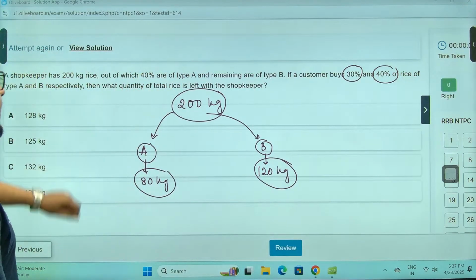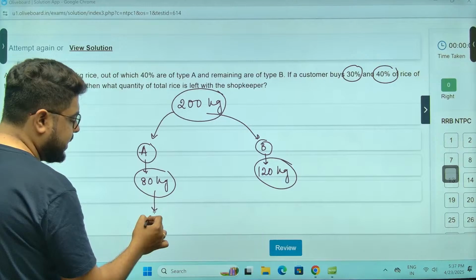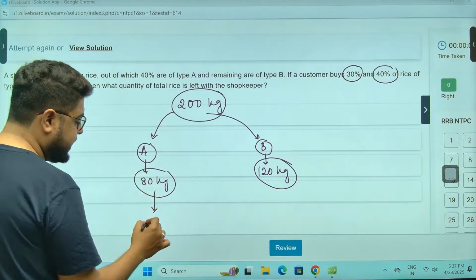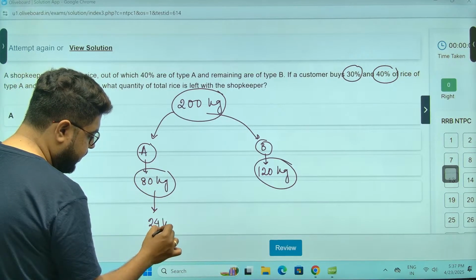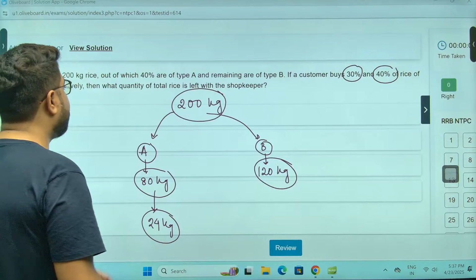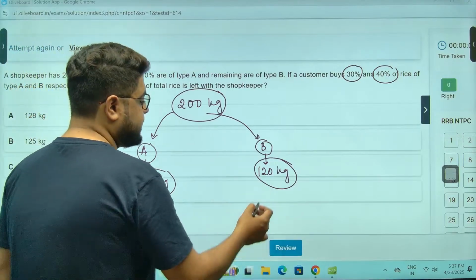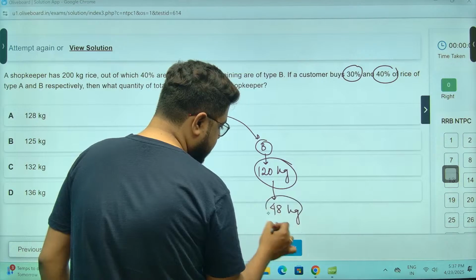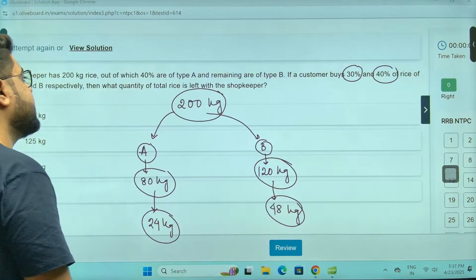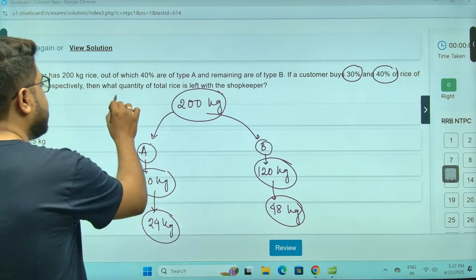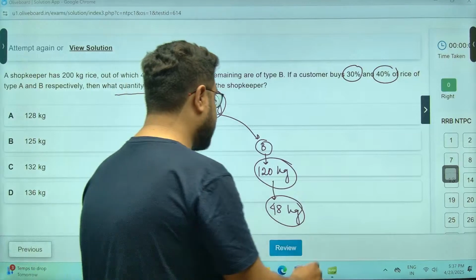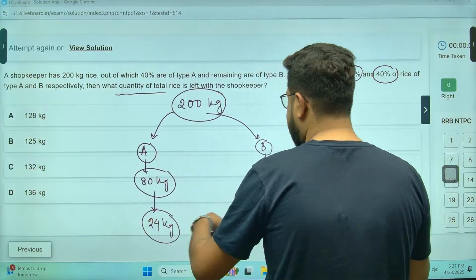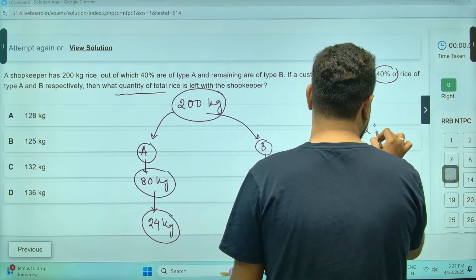30% of type A rice, 30% gone. Means, sir, how much he has bought? 3 8s are 24 kg. And 40% of this, 4 12s are 48. This much he has bought. What is the total quantity of rice left? How much has he bought? 48 and 24, sir, 72.